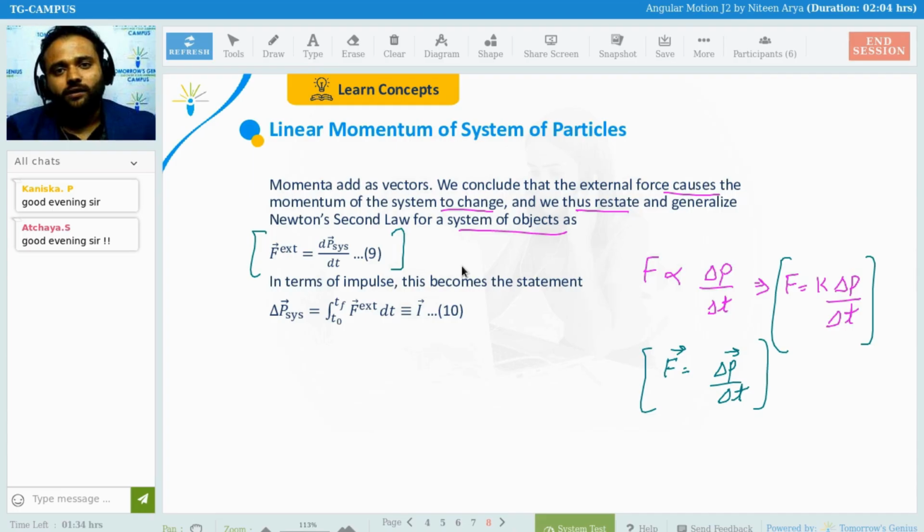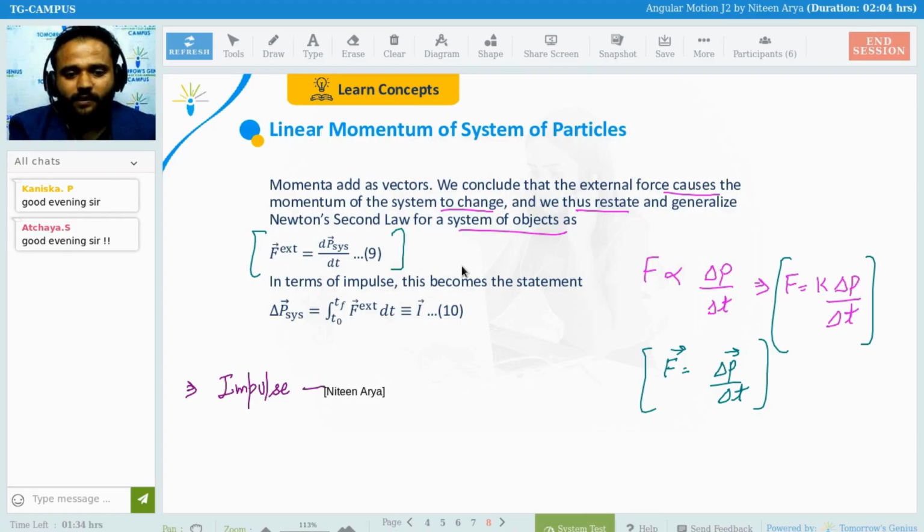In terms of impulse, this becomes the statement. So what is impulse? First of all, this is also known as impulse. In general, you hear this terminology many times, that a particular person has an impulsive nature. What does it mean? Impulse is basically a large amount of force for a very small interval of time. Clear? So that is impulse in general.